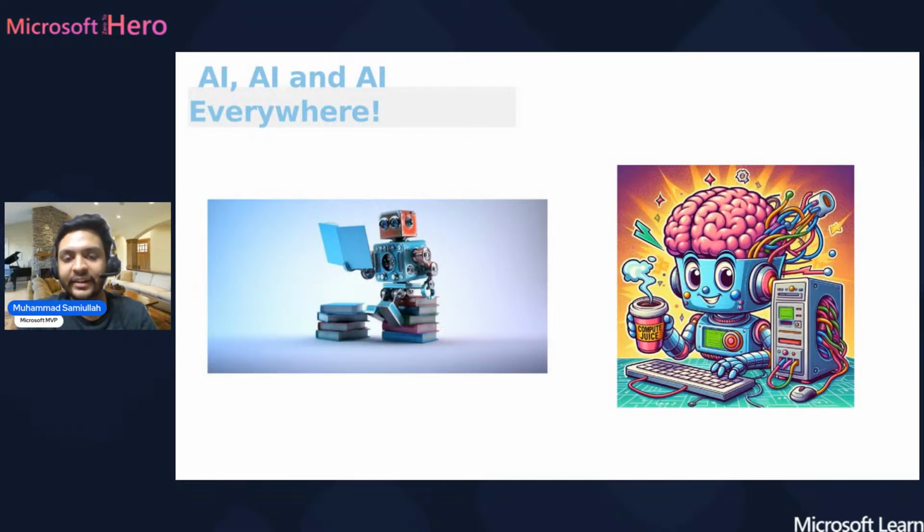On the right-hand side, you can see the brain of the machine is growing bigger and bigger. It is taking compute juice, or you can say coffee, to keep running. So that's how we are seeing AI working so hard, and it requires a lot of compute to run and process the information that we are giving.